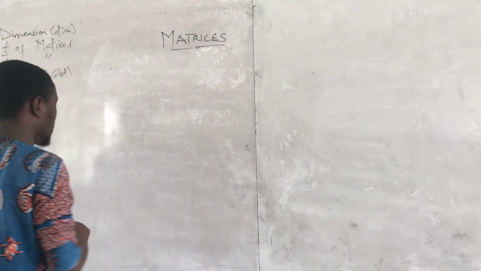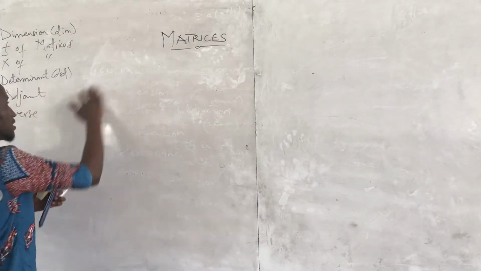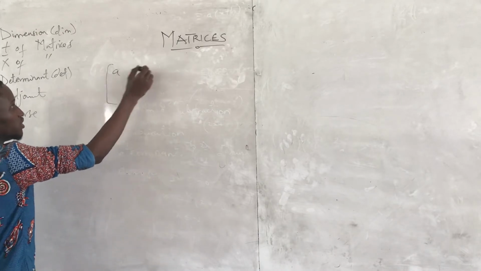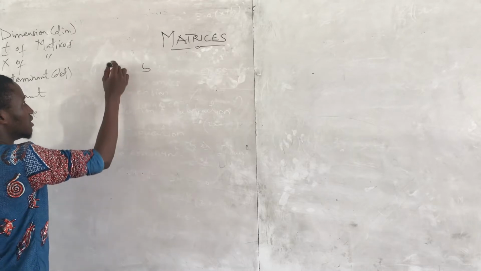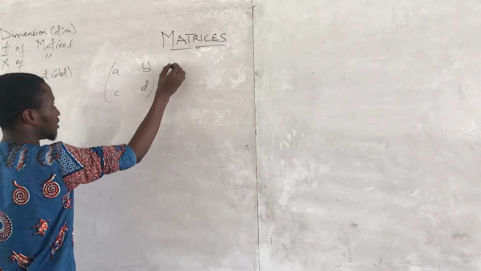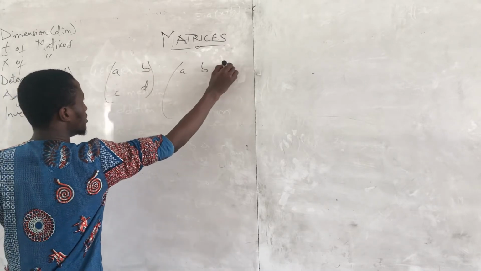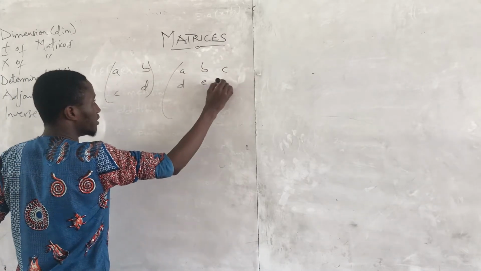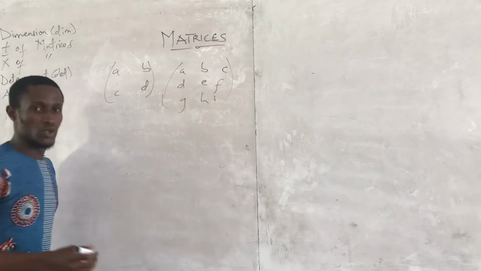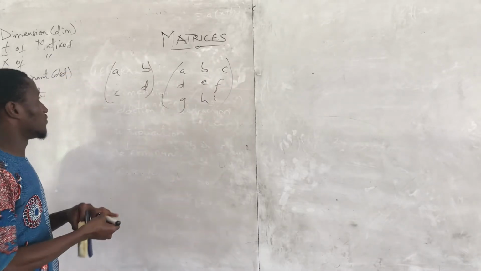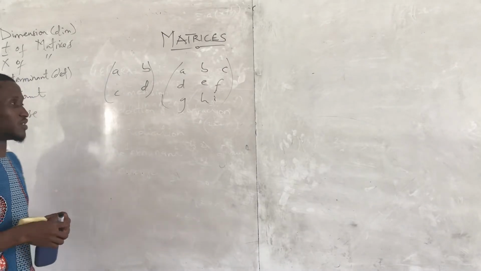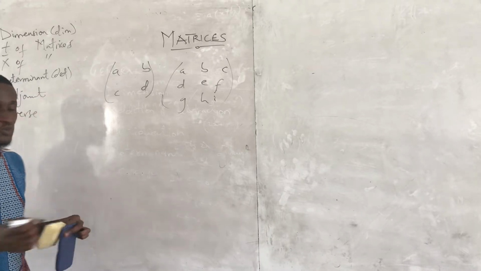So we will start with the dimension of a matrix. Many a time we see a matrix of this form, we mostly hear A, B, C, D. You can also have A, B, C, D, E, F, G, H, I. Now when we look at this one, in spreadsheets or in ICT, we have something called rows and columns.